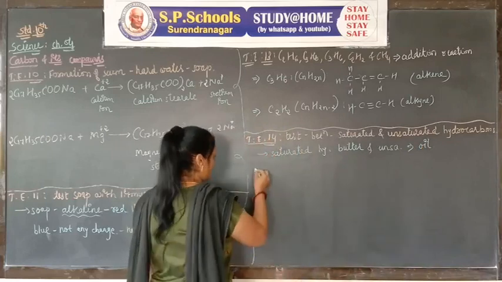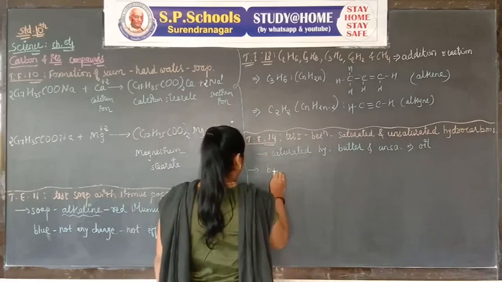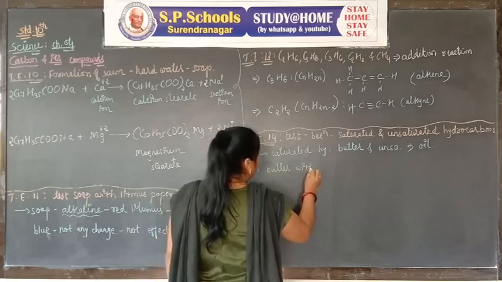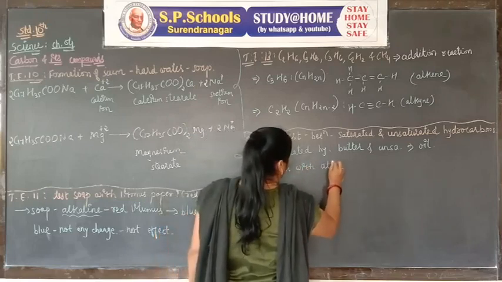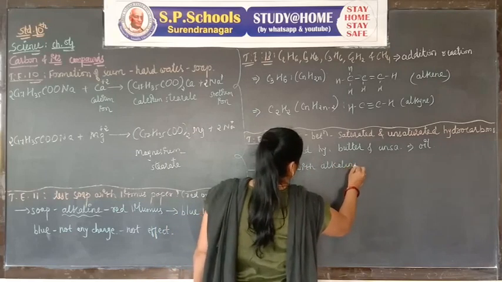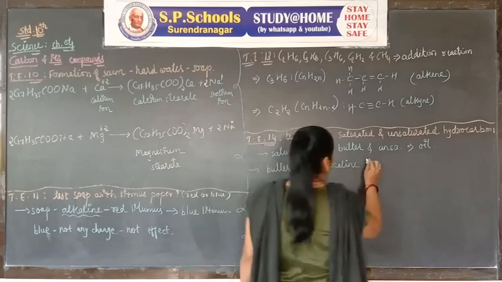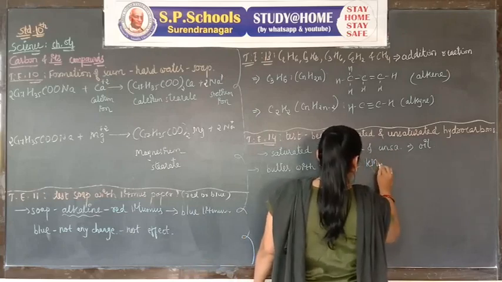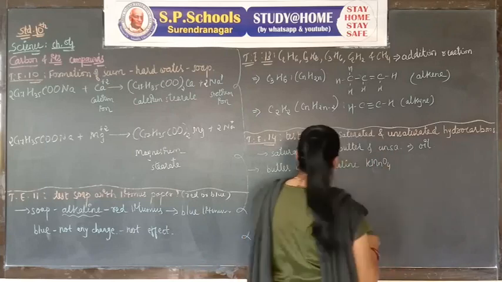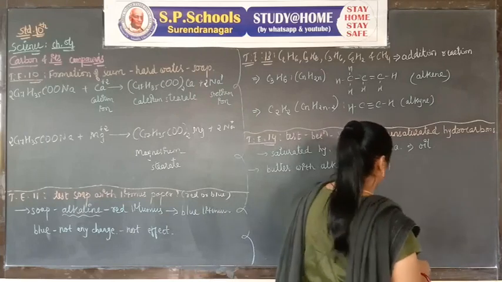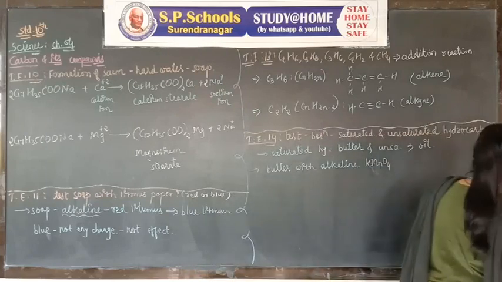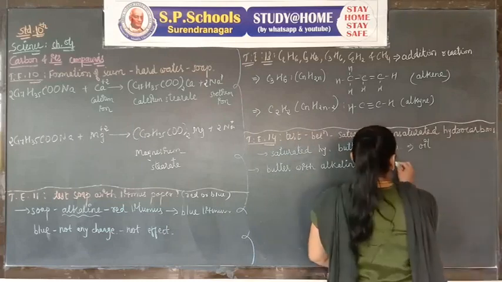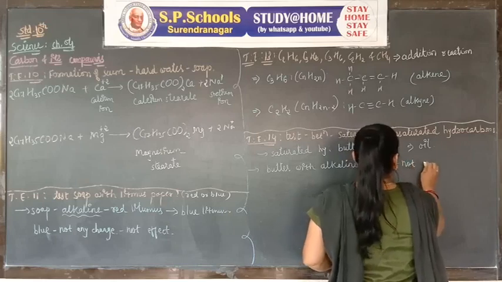When we treat butter with alkaline potassium permanganate, alkaline KMnO4, the color of the alkaline KMnO4 does not disappear.